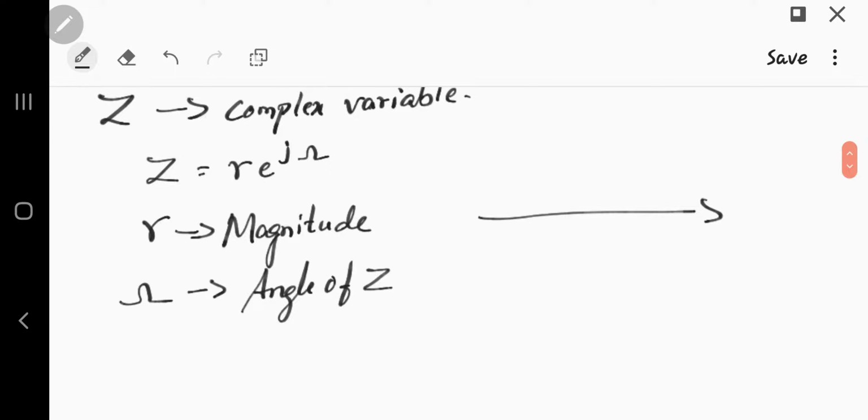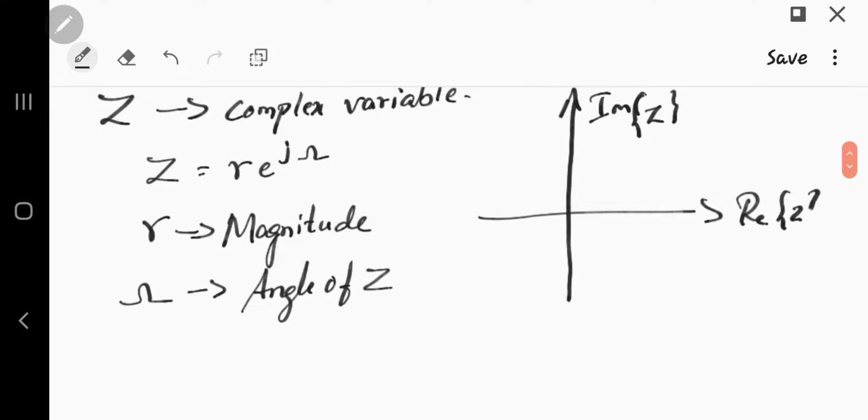If you consider the Z plane, since it is a complex variable, we have the imaginary and real parts. So at this point, if this is z in the Z plane, then this distance is r.